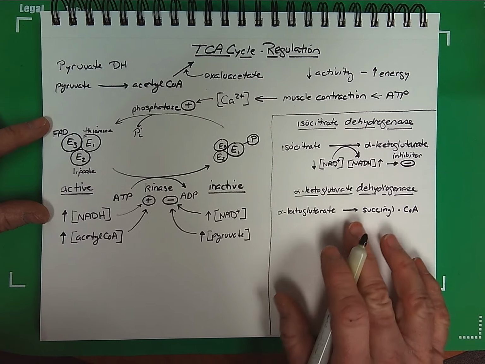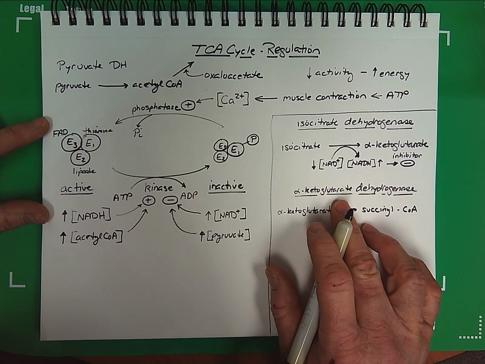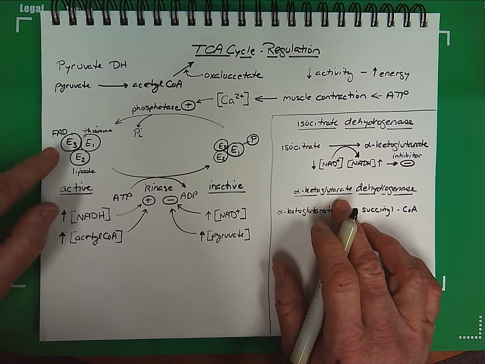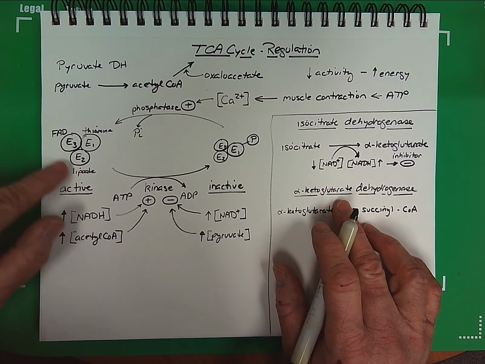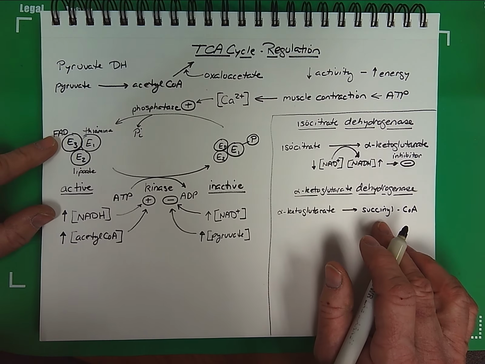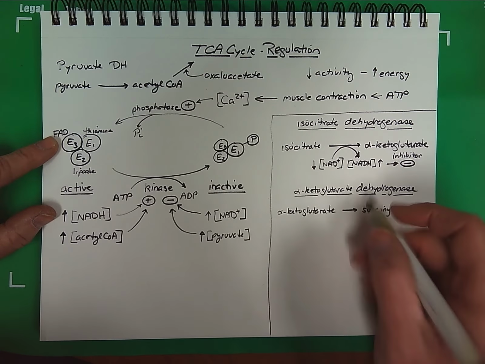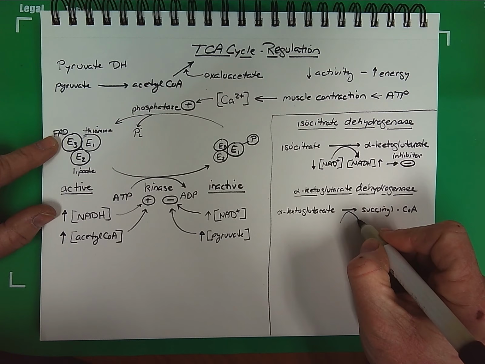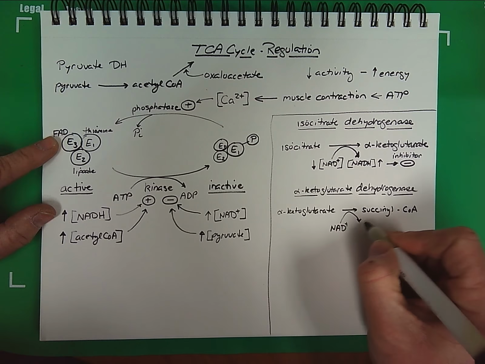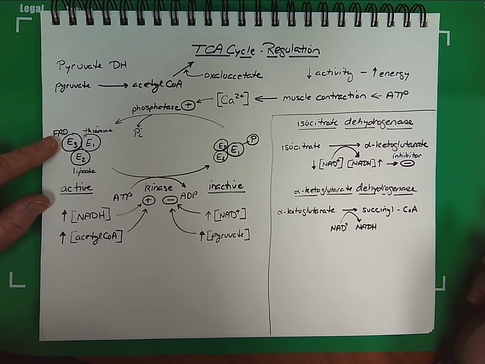Now recall, this enzyme is very similar in structure to the pyruvate dehydrogenase enzyme, in that it requires thiamine, lipoate, and FAD to perform this reaction. This being a dehydrogenase, it is also going to need a redox partner, in this case, again, NAD, to form NADH.